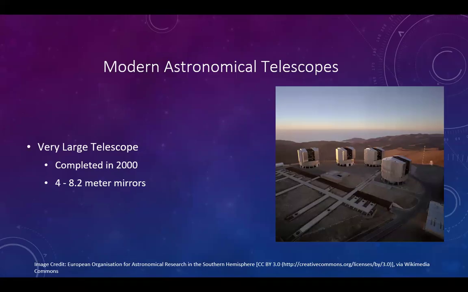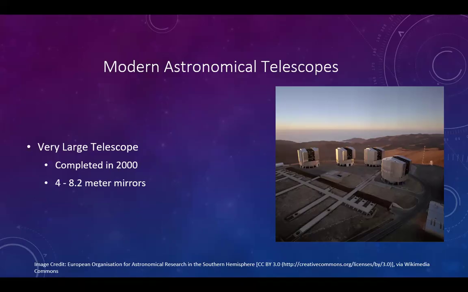This is the Very Large Telescope. It was completed in 2000. It has four 8.2 meter mirrors. And it can actually do interferometry, where it can combine images from multiple of these telescopes to create something that acts like a larger telescope with better resolution.